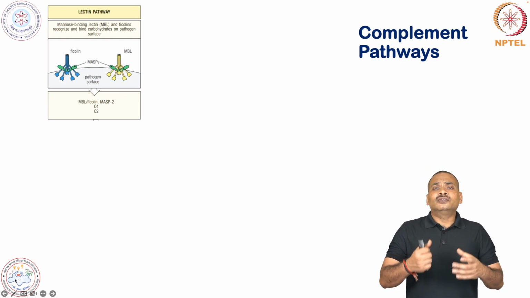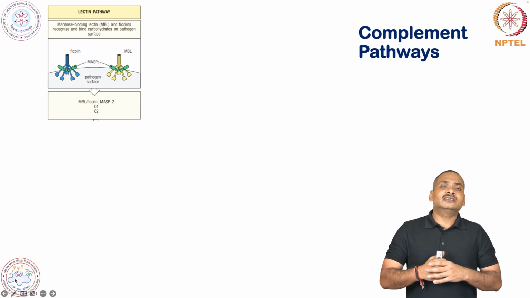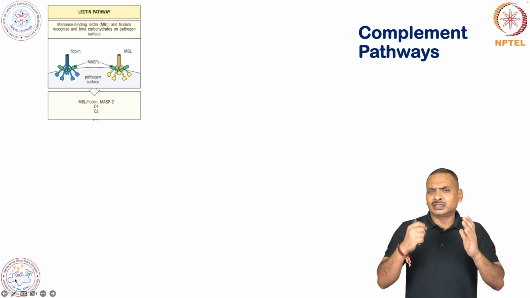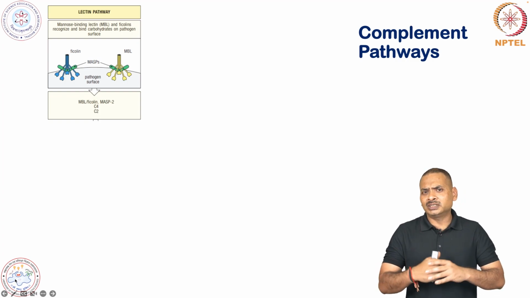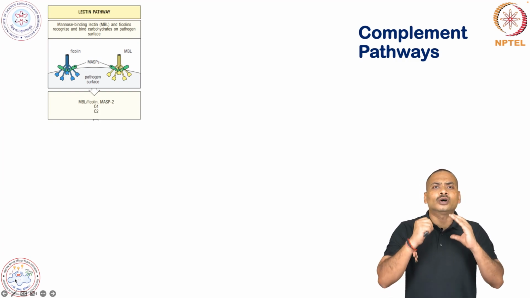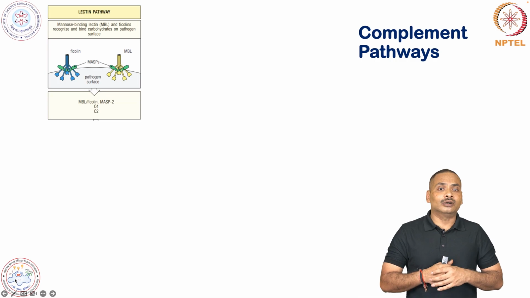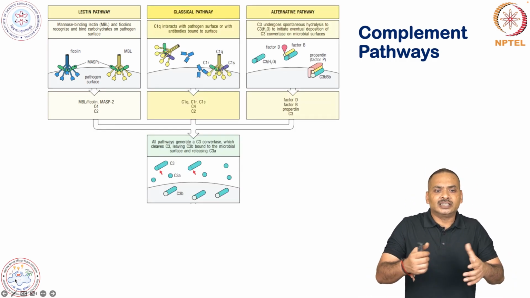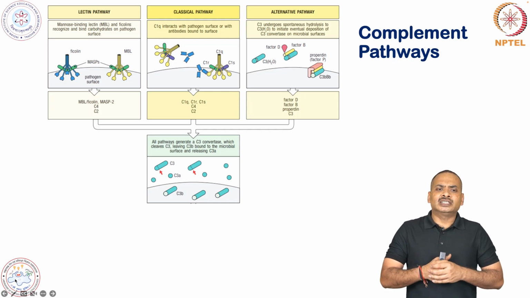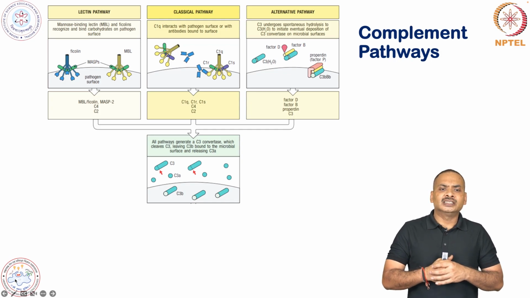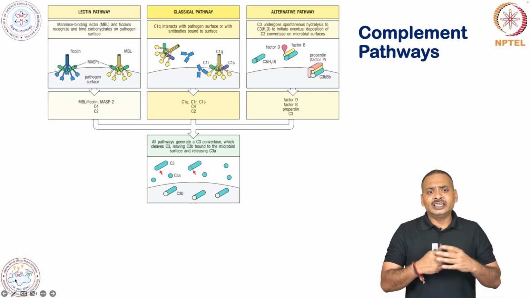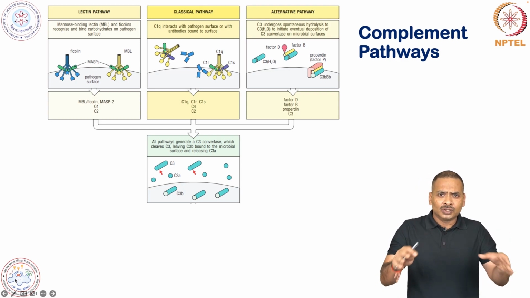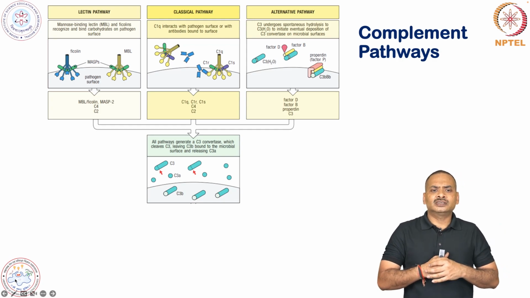Once it is deposited, the most important thing that happens is the formation of the membrane attack complex, which you will see in a subsequent slide. So here you can see that all pathways generate C3 convertase, which cleaves C3, leaving C3b over the target cell surface.